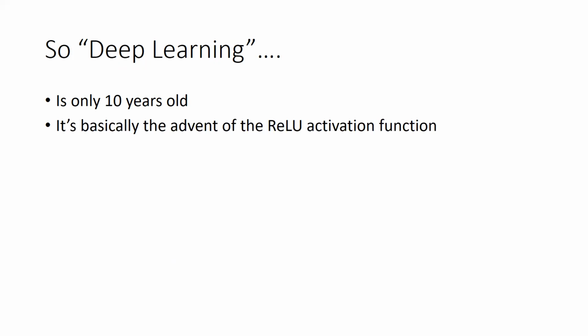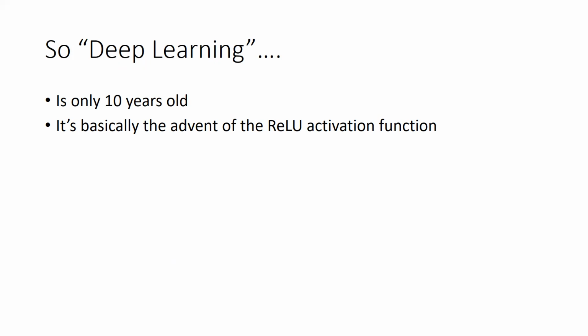So deep learning, because of this idea from Nair and Hinton that we can use this ReLU activation function, which was back in their paper in 2010, this was the advent of deep learning, and it was tied in with the ReLU activation function. So these really deep neural networks that we knew we needed, we'd saturated what we could do with neural networks.